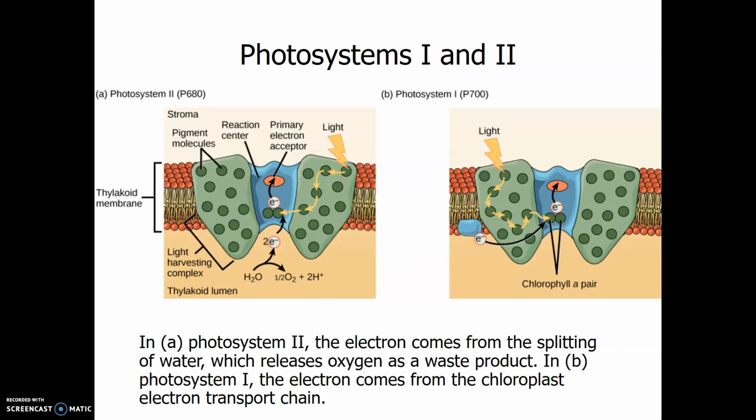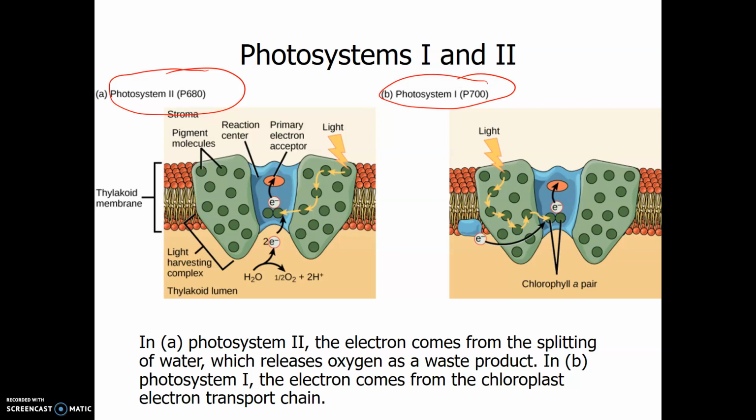All right, this picture shows you the membrane of the thylakoids, and it shows you on the left photosystem 2, which has an absorption spectrum of 680, and photosystem 1, which has an absorption spectrum of 700.